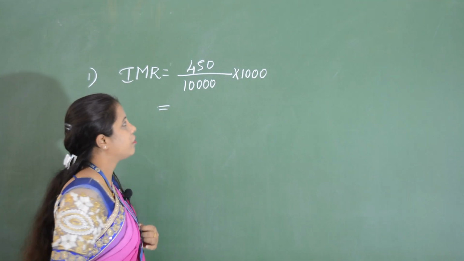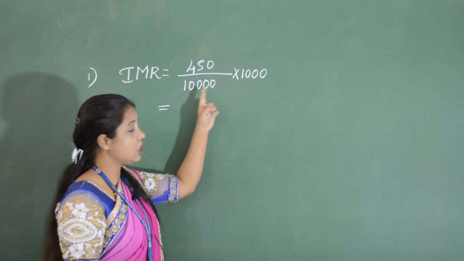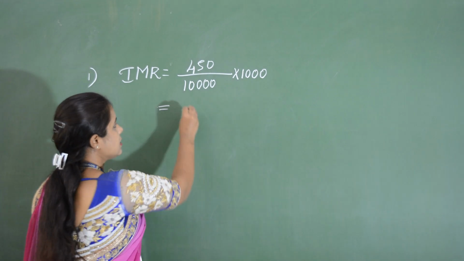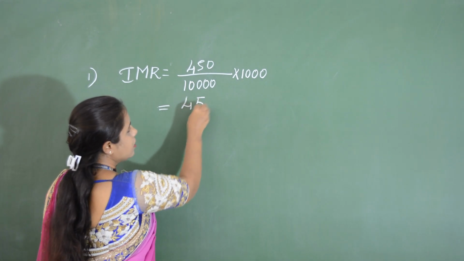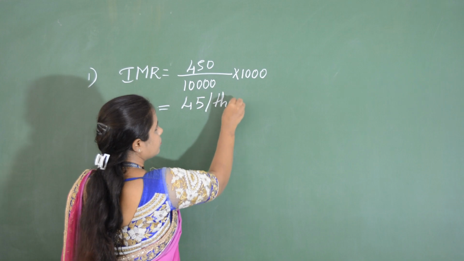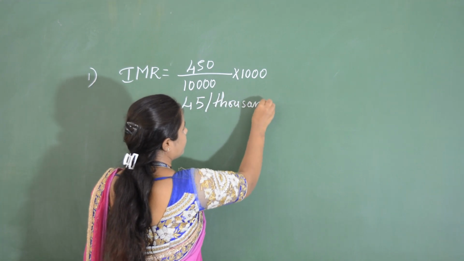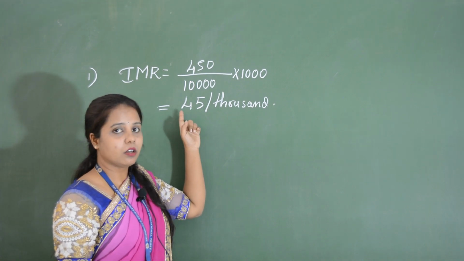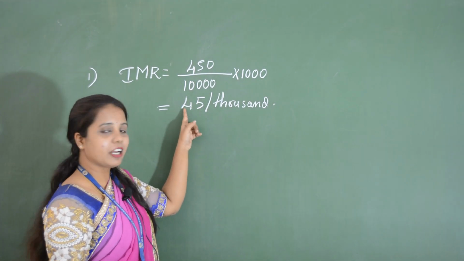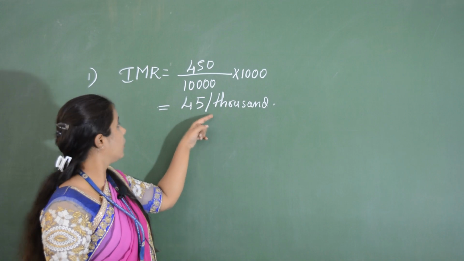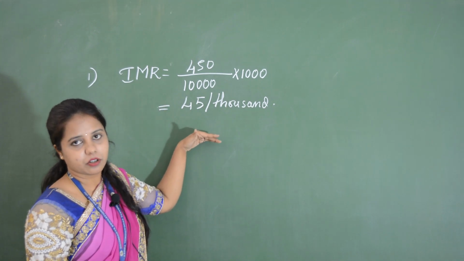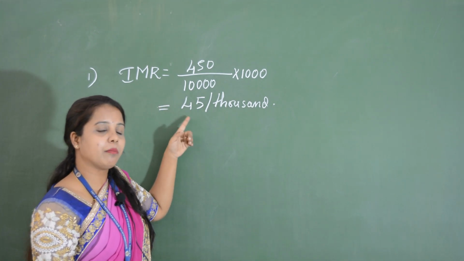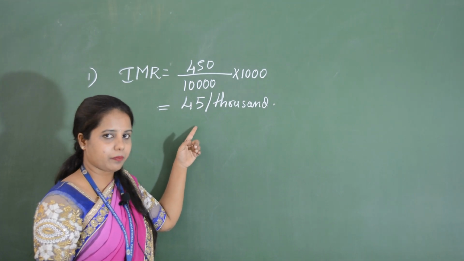So 450 by 10,000 into 1,000 is 45 per 1,000. So that means for every 1,000 new births, 45 babies will die in infant stage. So this is the value of IMR for the given data.